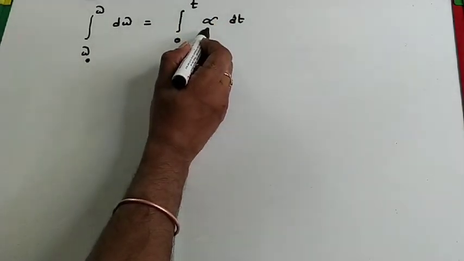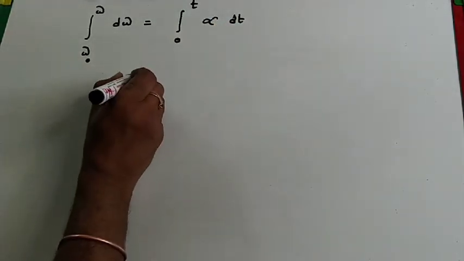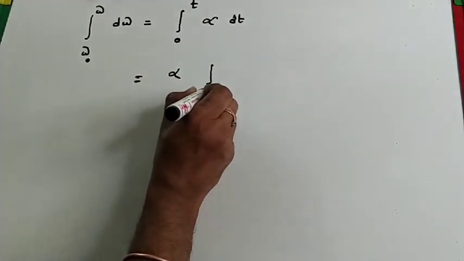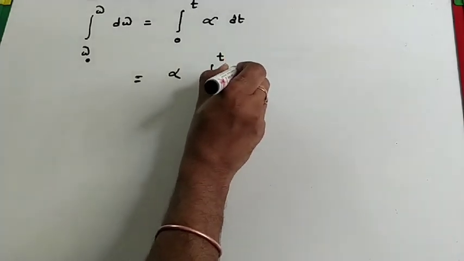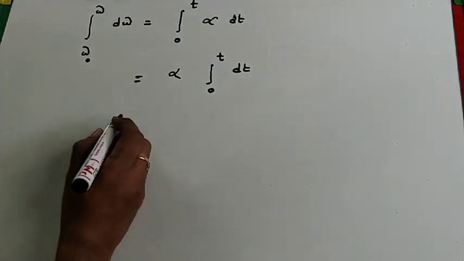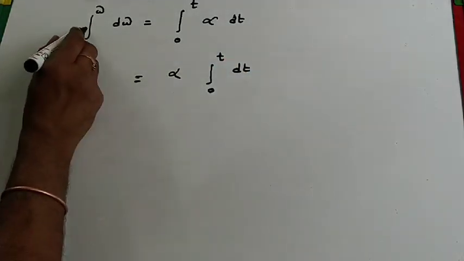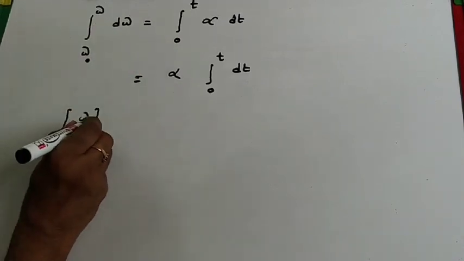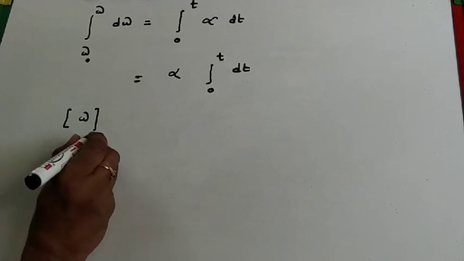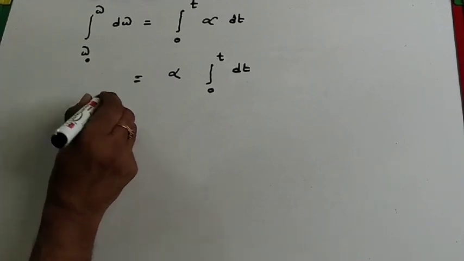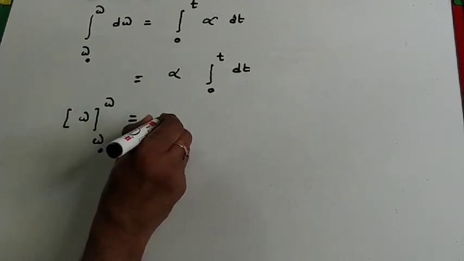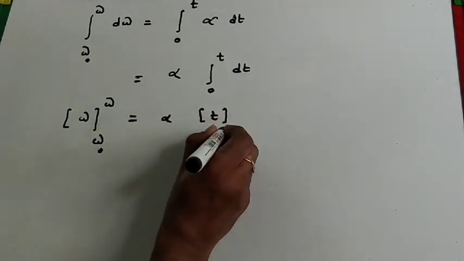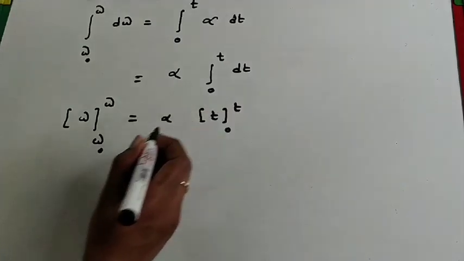This is angular acceleration, that is equal alpha taken out, integral 0 to small t dt. Now here integral d omega is equal to omega. The lower limit is omega naught, upper limit is omega, that is equal to alpha into small t into 0 to small t.